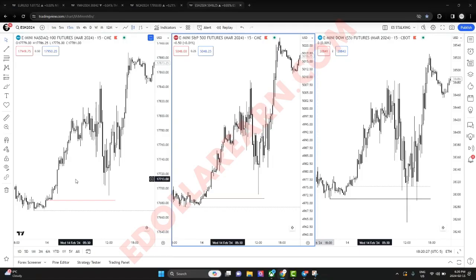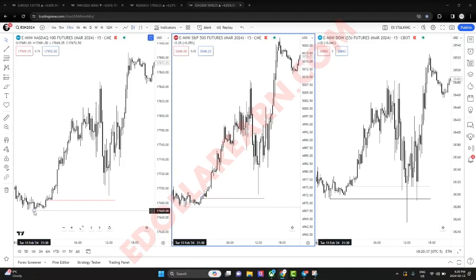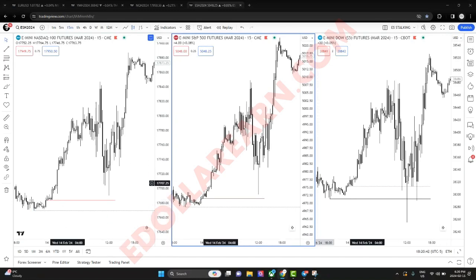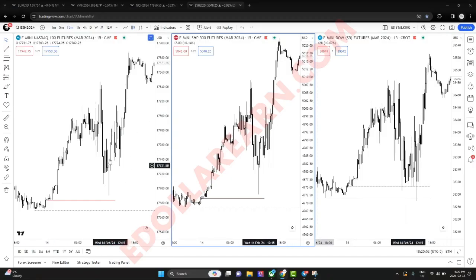First of all, you could never see it before because we have to incorporate quarterly theory for this to even work. There has to be a true open, right? You can't just be looking at random SMTs for this to work. And this is just an introduction to this, right? And I hope that you guys took something from today.